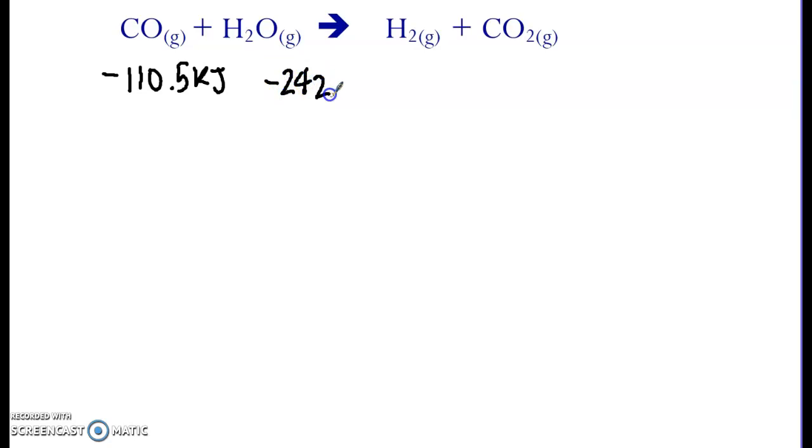For hydrogen gas, because this is the elemental form, this is 0. This is our baseline of how we form everything. It's from elements, it's how we measure it, and it's where we come up with these numbers. And for carbon dioxide, it's negative 393.5. You could probably find these online if you looked them up as well.